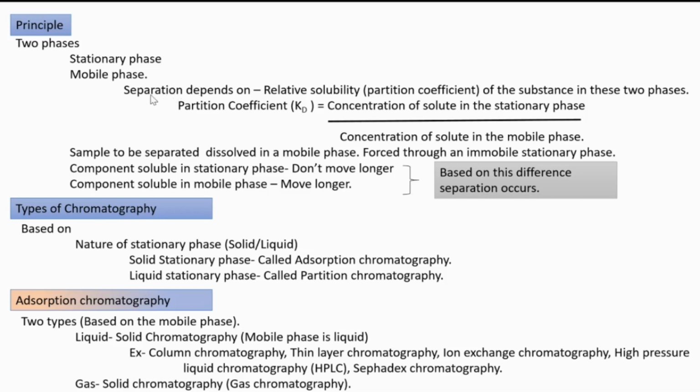And how does this separation occur? Separation mainly occurs based on the relative solubility. That term is otherwise called partition coefficient. So how this separation occurs depends on the relative solubility of the substance in these two phases.